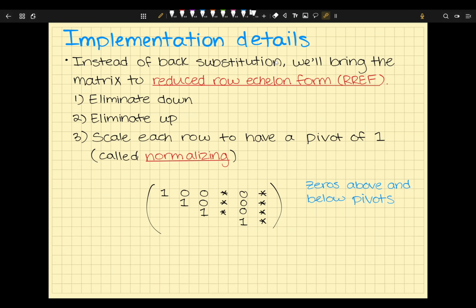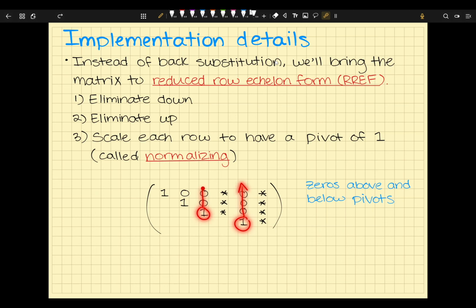And the way we get to reduced row echelon form is that, first we do our elimination, which we know how to do pretty well. And then you basically just do the same process, but going up. So we get to the end, we look at this pivot, and we eliminate upward.